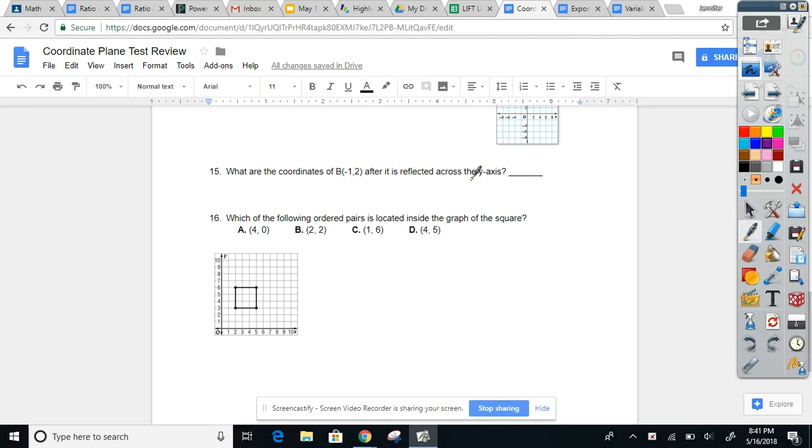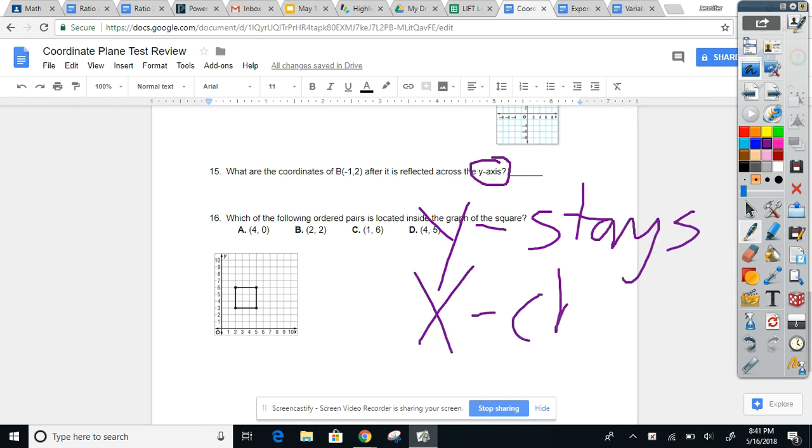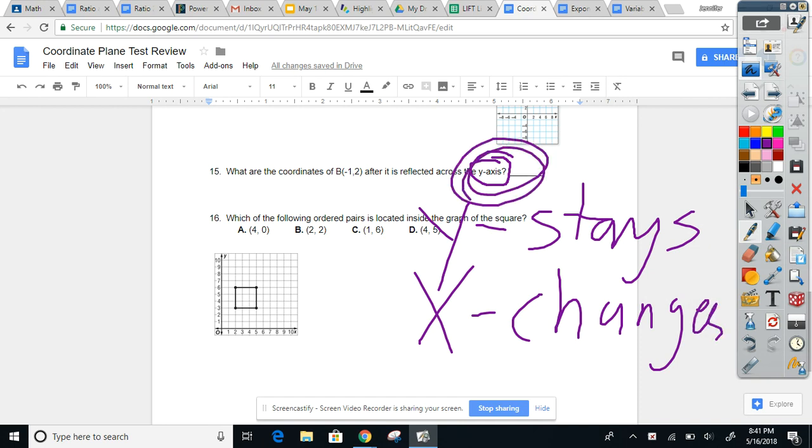Remember, if it reflects across the y-axis, the y stays the same. The y stays, and the x changes. Okay, that's if it reflects across the y-axis. The opposite happens if I reflect across the x-axis. So if I flip across the x-axis, the x stays the same and the y changes.